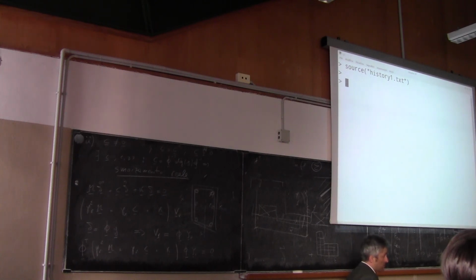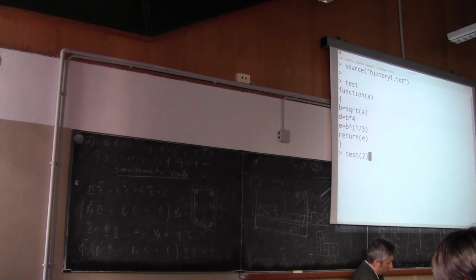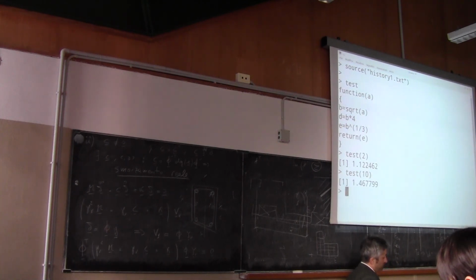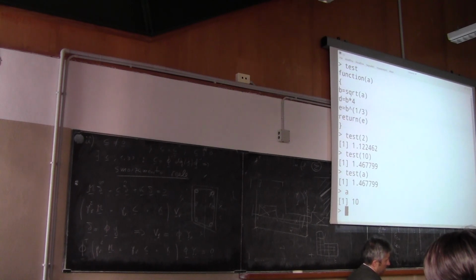Nothing happens, but now, if I do test, you see the more complicated function that appears, and then we can do test 2, test 10, etc. Or you can also use test A, because I defined the value for A, which was 10. A is 10. Test A is like test 10, of course.